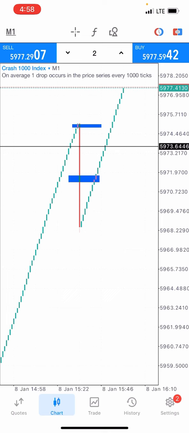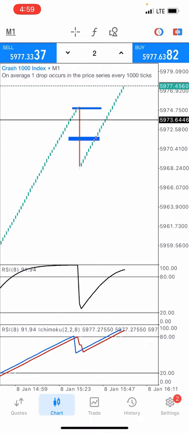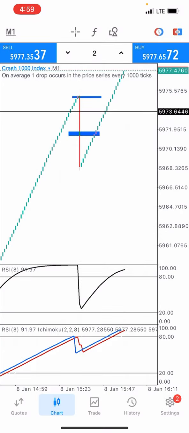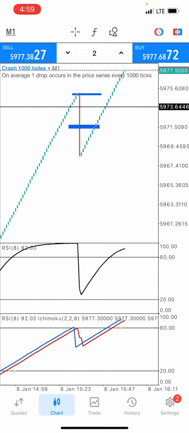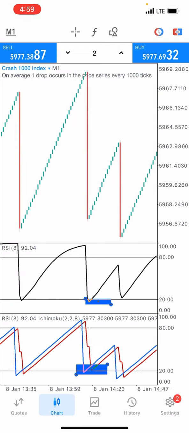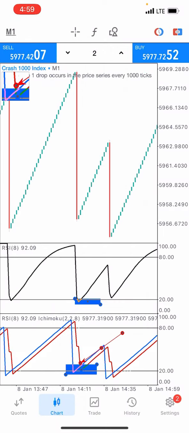All right, so this is the strategy I'm talking about, guys. It's a very simple strategy. All you need to do is wait for the market to drop down for crash, down to this point, like what we have here.